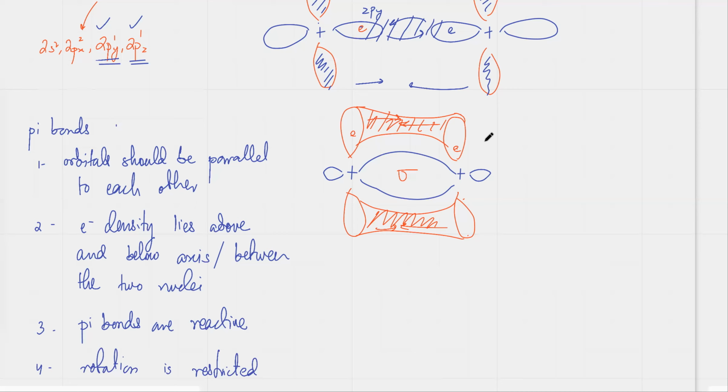You can't twist this side independently, because this bond is locked in place with the other one. So whenever you have a double bond, rotation is no longer possible.